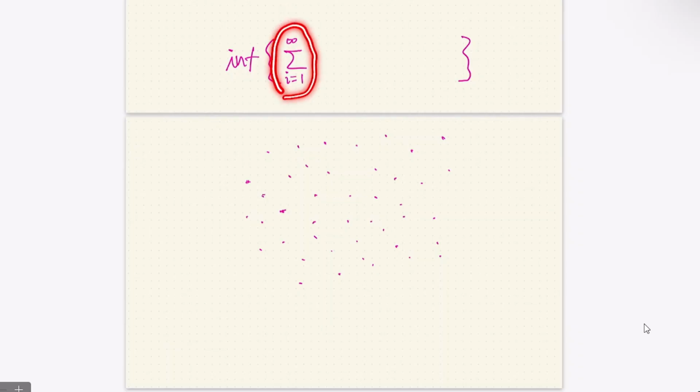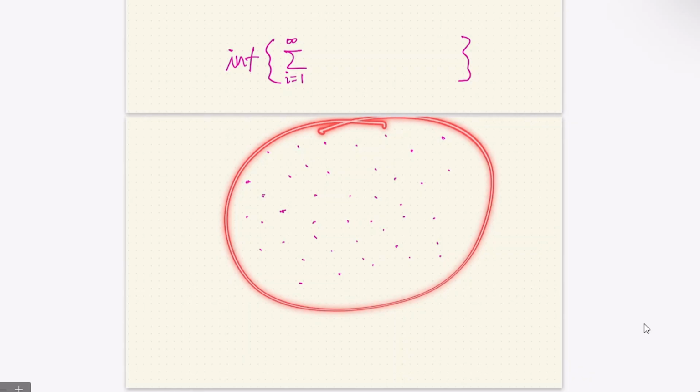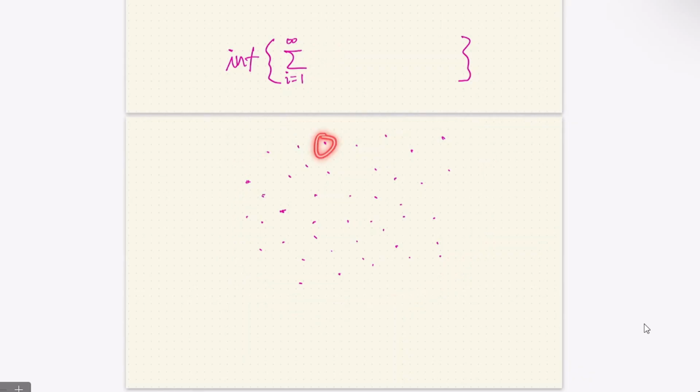Whenever there is a countable sum and each point is zero, then the infimum is zero itself. But suppose I say it is not a countable one, it is a sum over some i belonging to an index set, which I define as a kind of uncountable set.